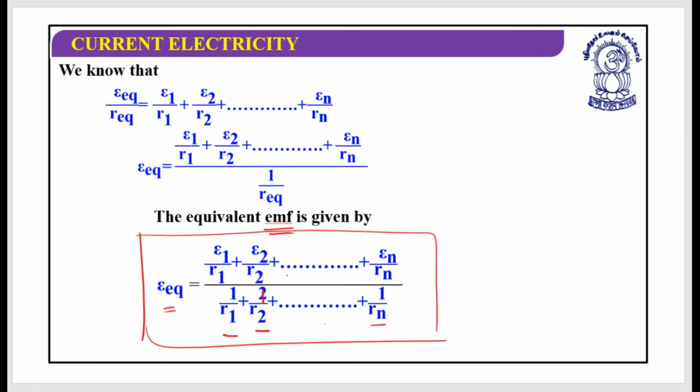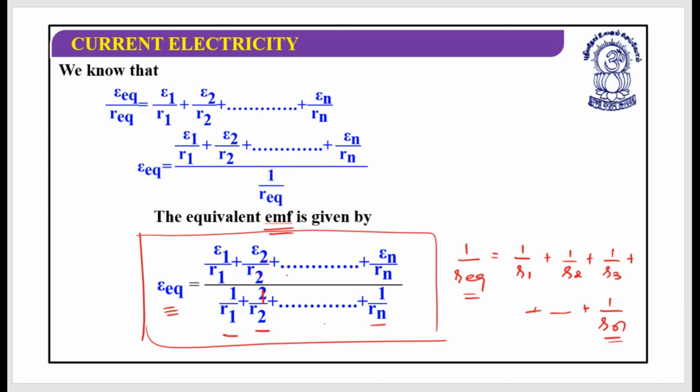This is the E equivalent when cells are connected in parallel. I hope those things are clear. And to calculate R equivalent, 1 by R equivalent is 1 by R1 plus 1 by R2 plus 1 by R3 up to 1 by Rn. So this is how you can calculate E equivalent and R equivalent when cells are connected in parallel.